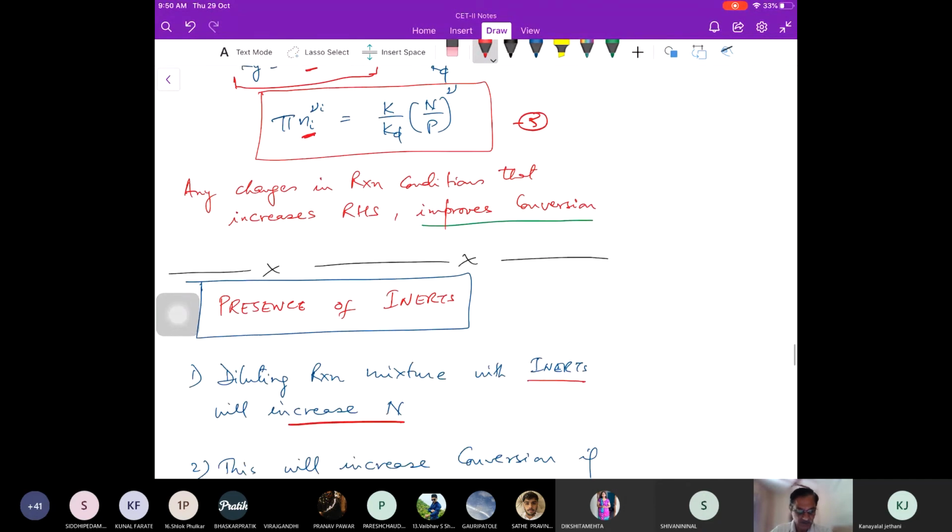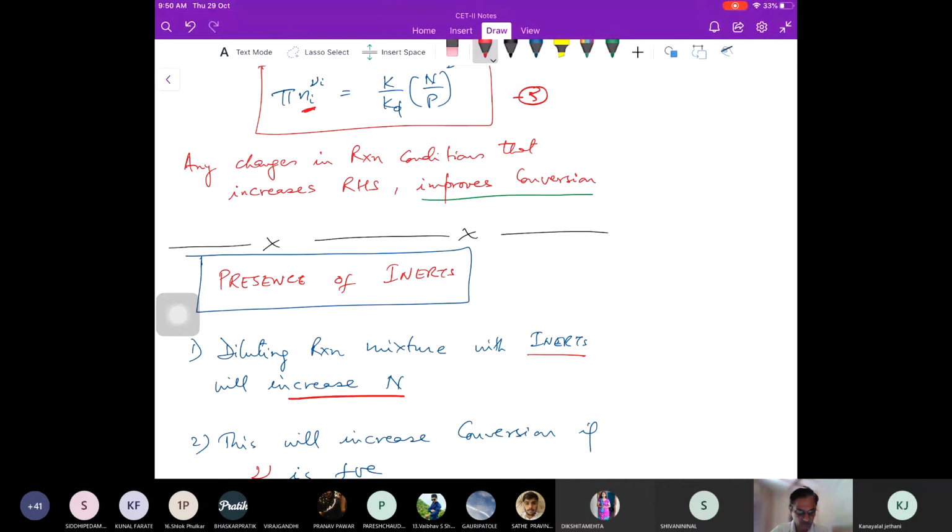Okay, so let's see the effect of inerts using this equation.